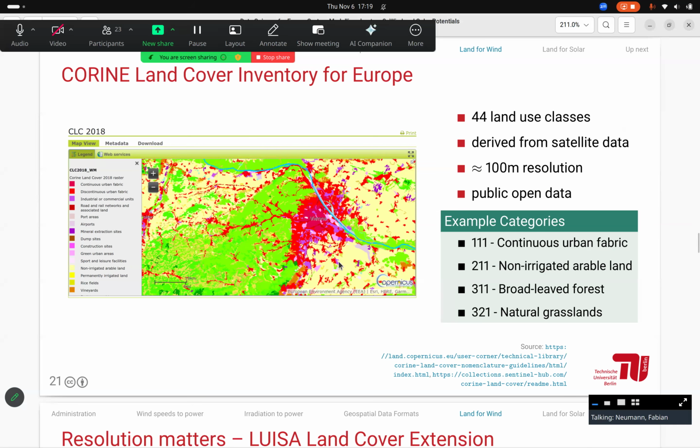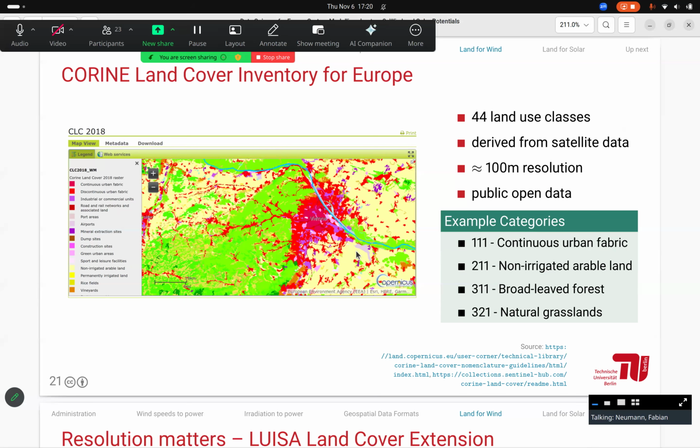Then you have this light yellow, which may be non-irrigated arable land, so some kind of farming land. In light purple there's an airport, which is also marked as its own category. There are 44 different types of land use classes.